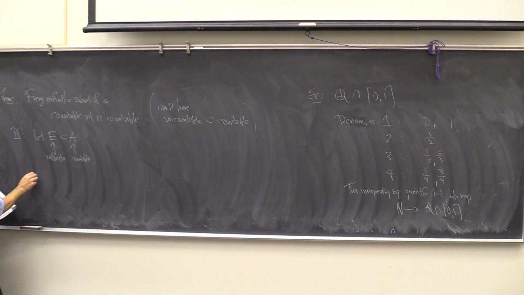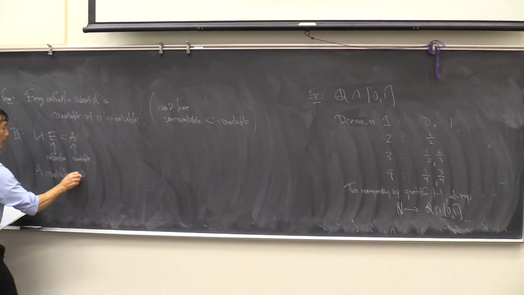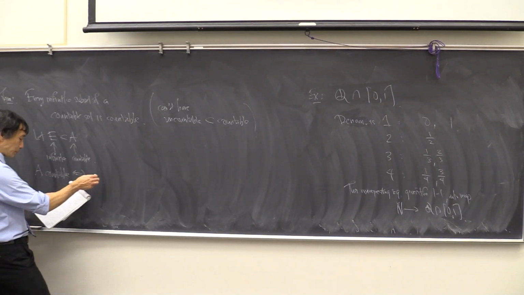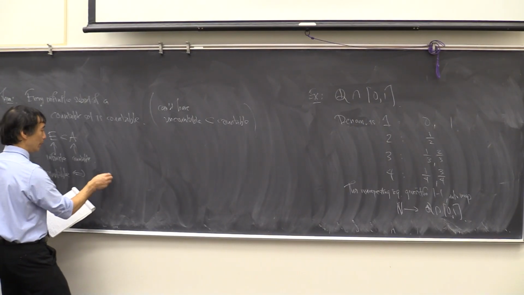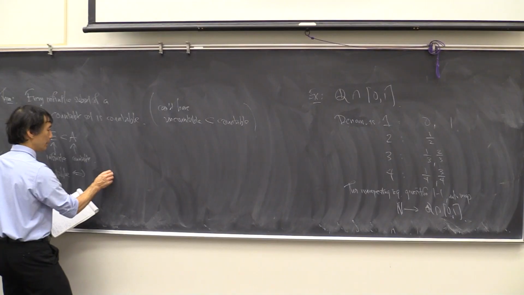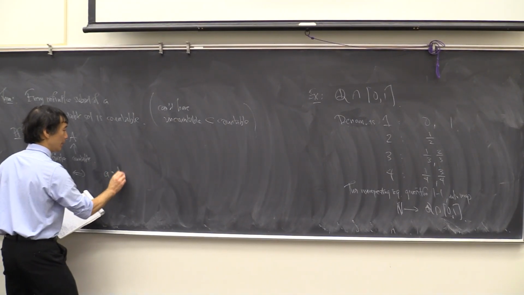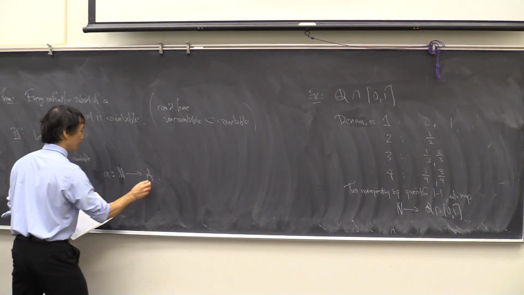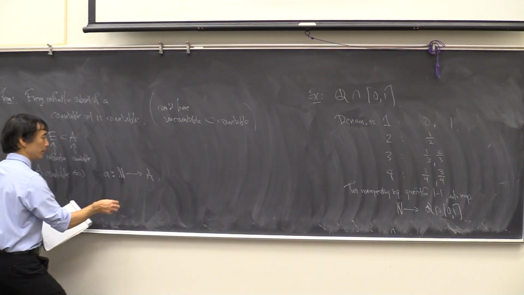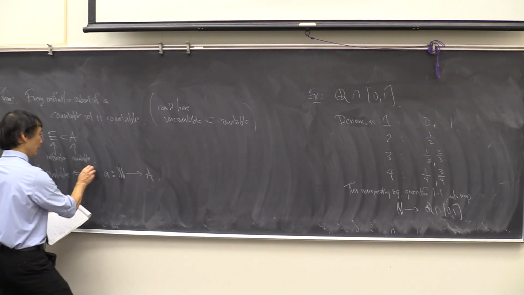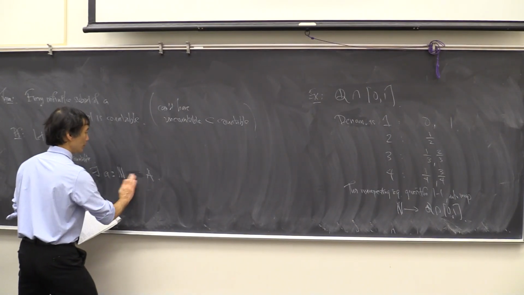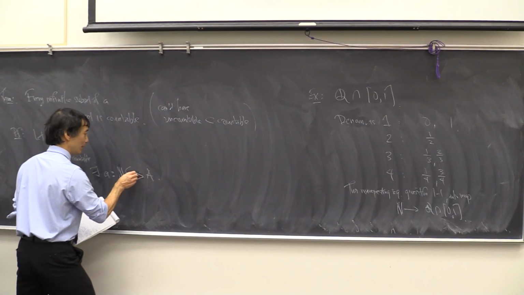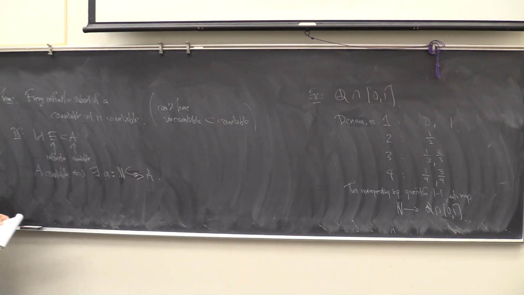A countable means that there exists a map, little a, going from N into A that is one-to-one and onto.